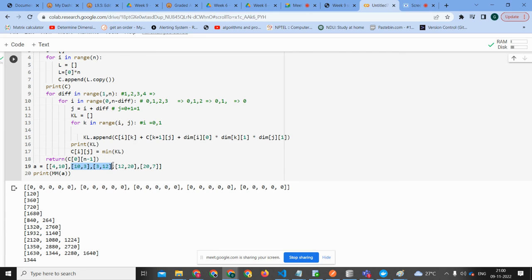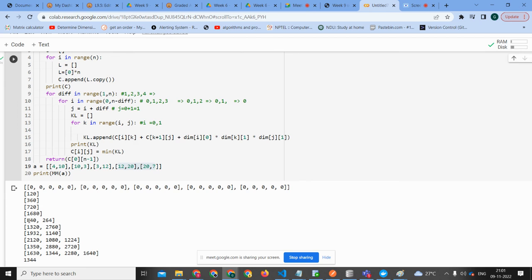See, they are multiplying these two, 120 into 3. Yeah, 120 into 3 is 360, right? So the first line is AB, then BC, then CD, then DA. So that is what is happening here.